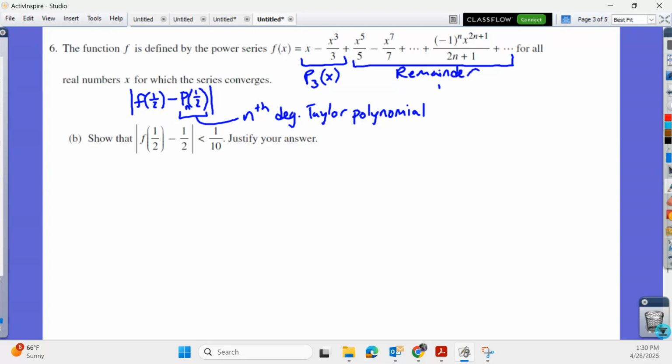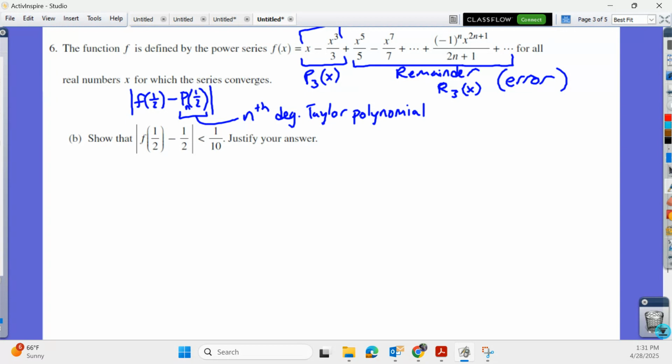We could call that R3 of x, the remainder. And it's also called the error, because if you plug in a value like 1/2 for x, then we can approximate the entire value, f of 1/2, by using just a couple of terms, or maybe 3 terms, however many you do.